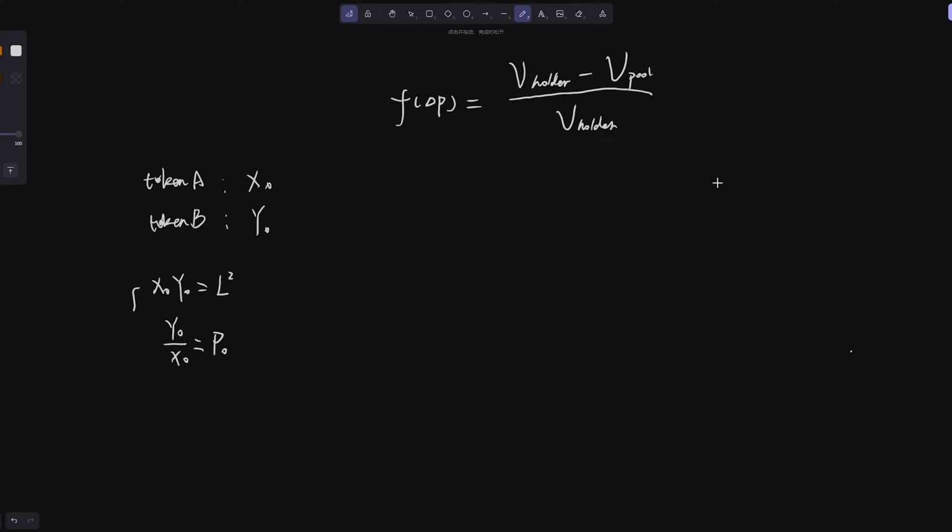Now here we have two equations and two variables, so we can solve for the expressions of these two variables, which is these two expressions.